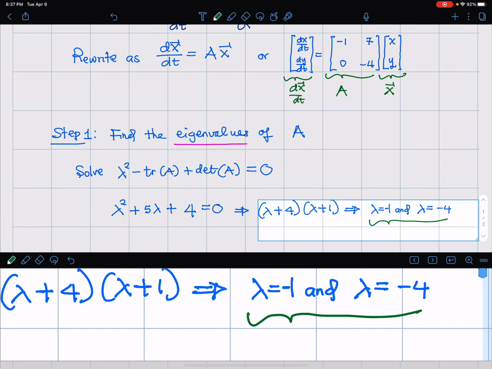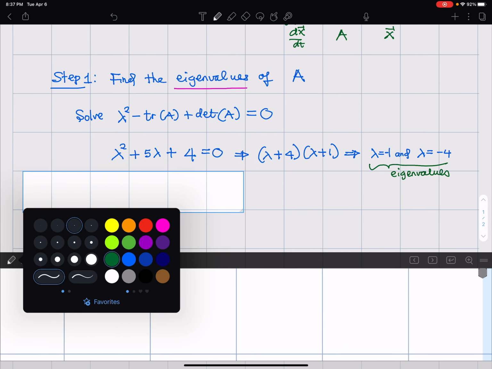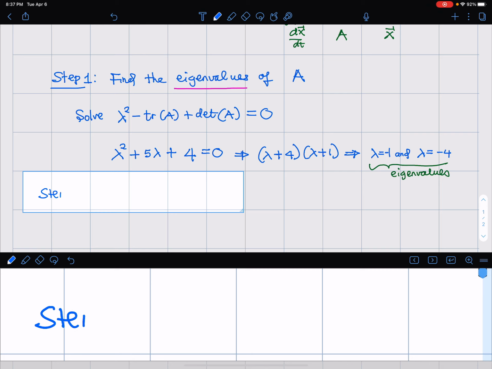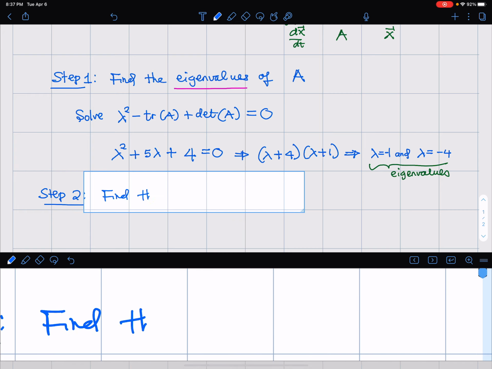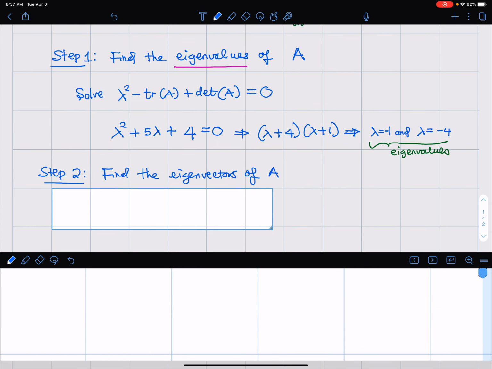So we found our eigenvalues. Then the next step is to find the eigenvectors of A. For each eigenvalue, we have to find the eigenvector.